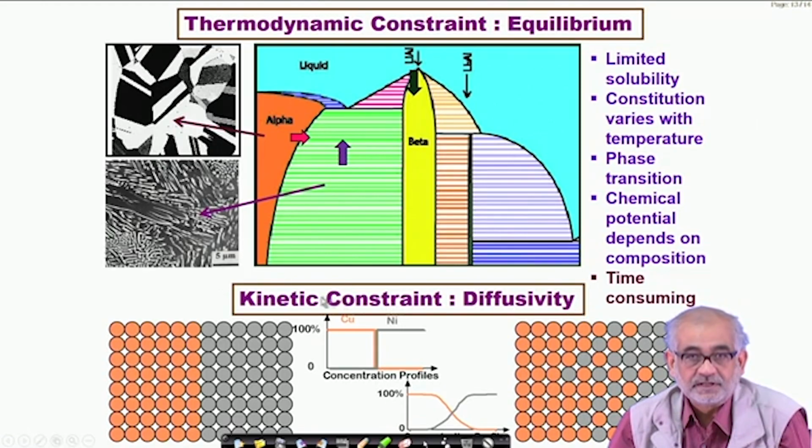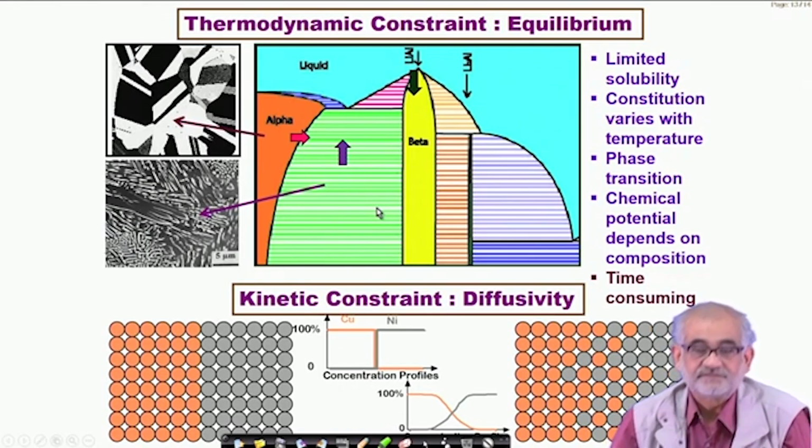So the rate is embodied in the kinetic considerations and is defined by the species diffusion rate or transport rate called diffusivity, and the equilibrium constraint explained in terms of solubility limit coming from the equilibrium considerations is captured in such pictorial descriptions as phase diagram.